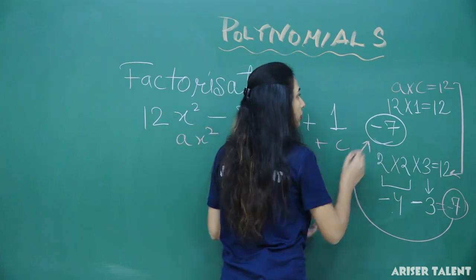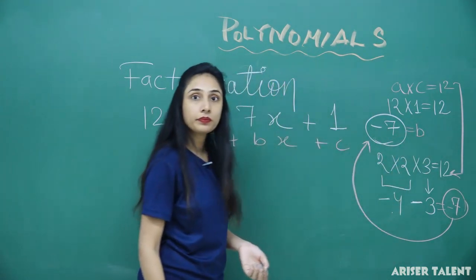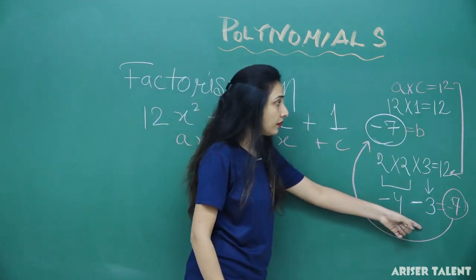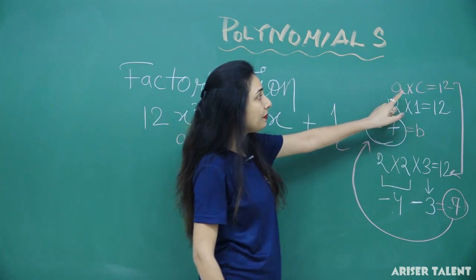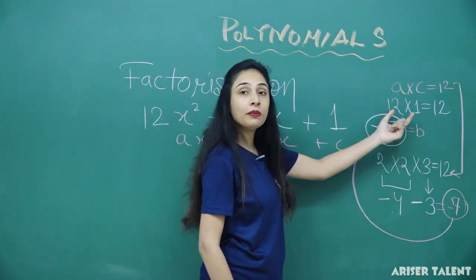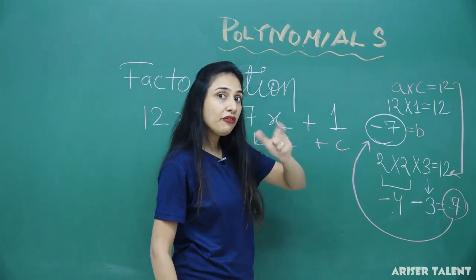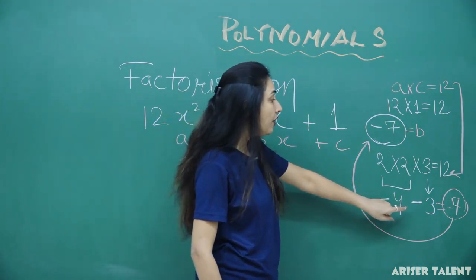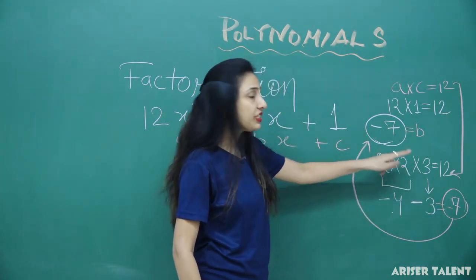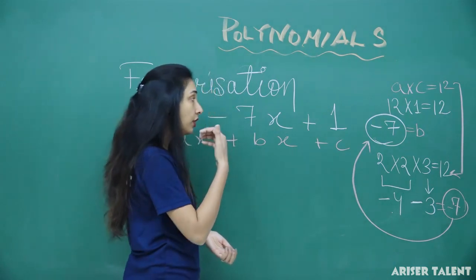So how are we getting b? We multiplied a and c and got a number. We factorized that number and split it in such a way that by adding them we get a number equal to b. This is the process we will use.